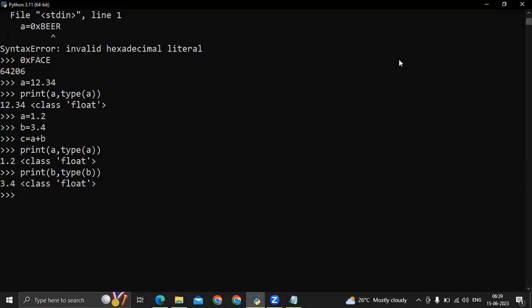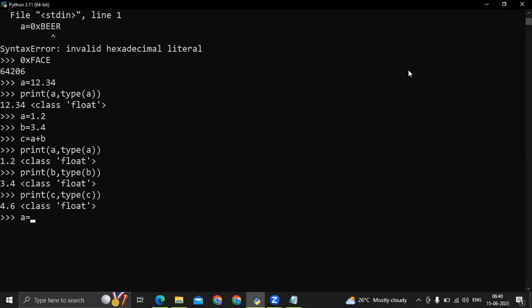It's float again. Now if I write print C, comma, type of C, what type of value is it? It is again class float.